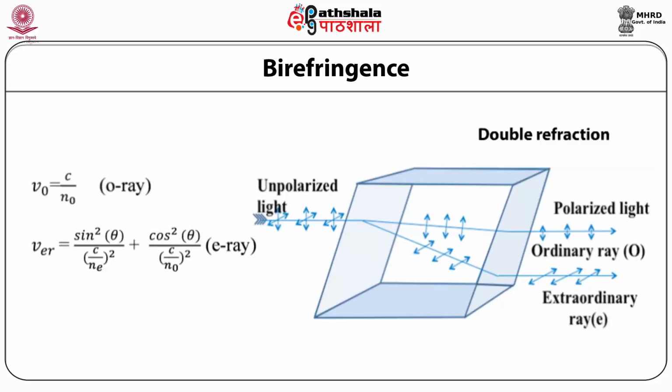In a crystal like calcite, the two rays have the same speed only along this direction.